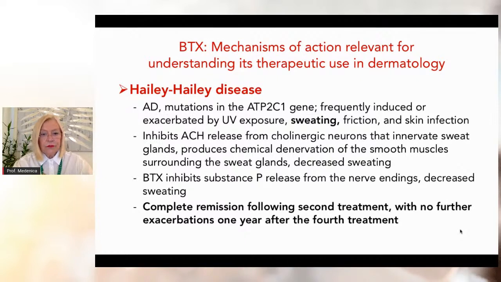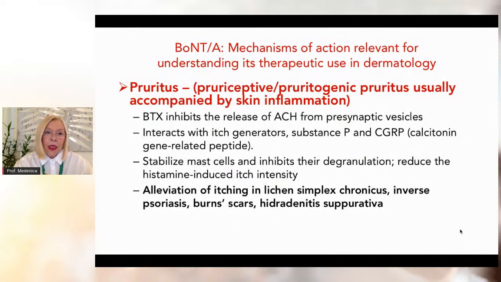Complete remission following the second treatment with no further exacerbation within 1 year after the fourth treatment. That is data from many anecdotal reports in the literature.